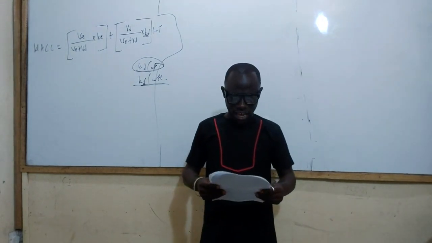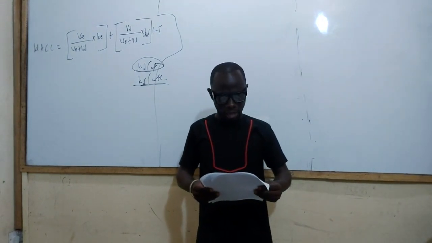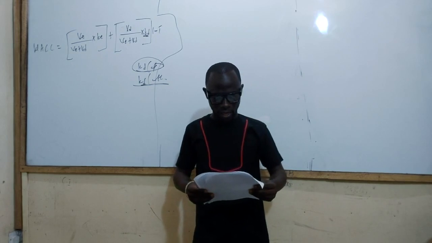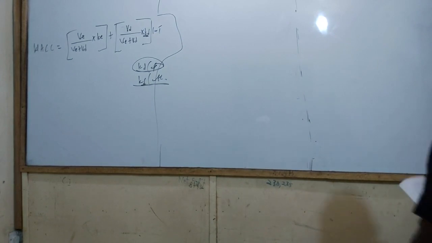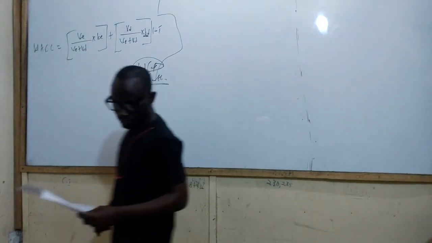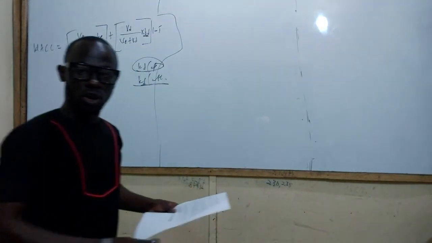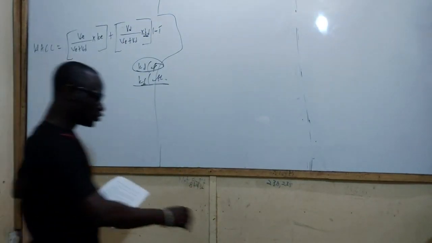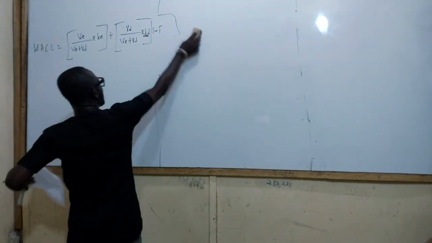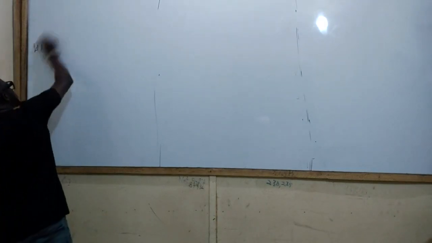So let's look at the scenario I have here about the WACC. And we'll solve that, and that will be all. So let me just clean up my board and let's go through it.